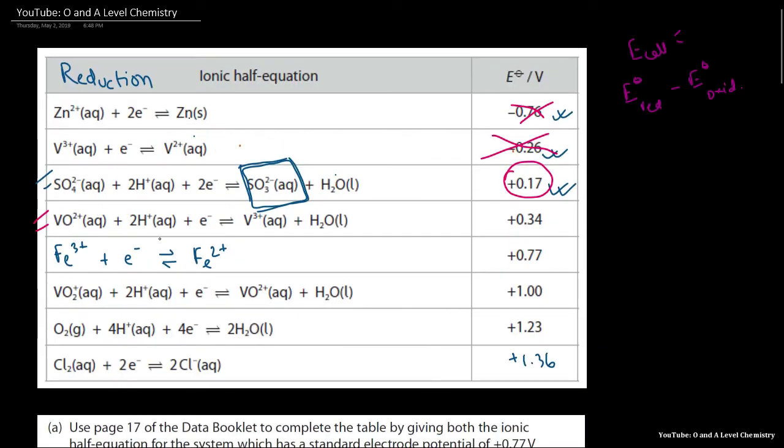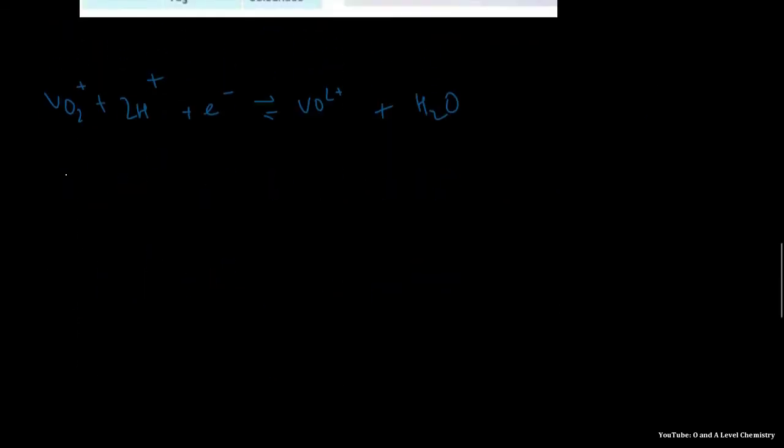And the other one was VO2+ to V3+. This is vanadium 4 being reduced to vanadium 3+ and water. And lastly, the vanadium 3+ is going to gain an electron and become vanadium 2+.